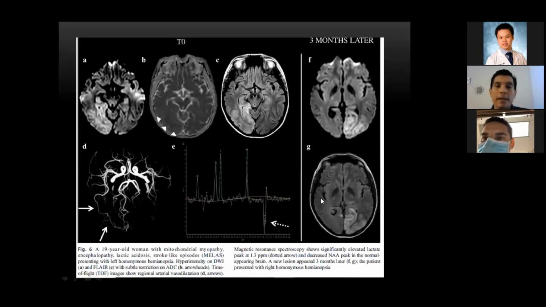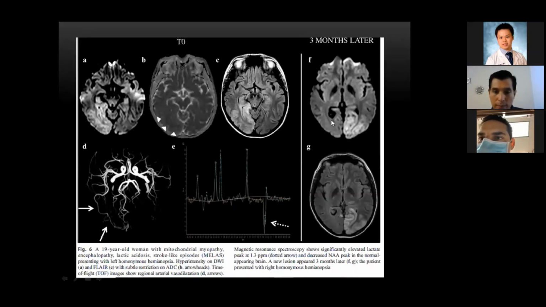But in this case, you can see this patient with this area in DWI and subtle alteration in ADC. That is why this patient recovered after 2 months.